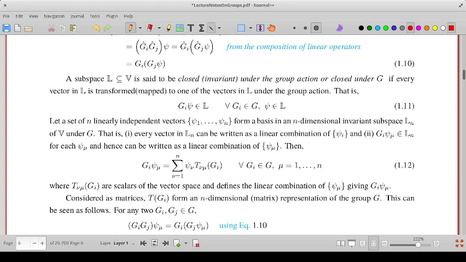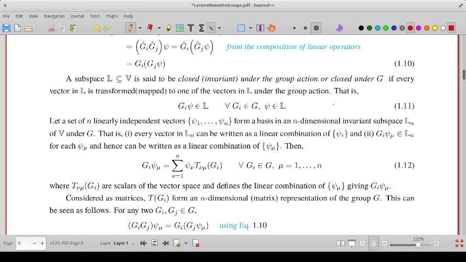And if this results in a vector within L itself for all group elements gi and for all vectors psi in the subspace L, then we say that the subspace L is invariant or closed under the group action.